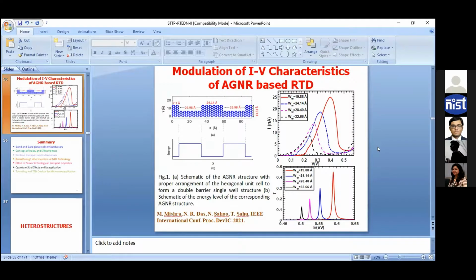I'm excited that the students are going to learn these things not from the book but from their professor. It's very nice. Now I want to ask what kind of band alignment this is.